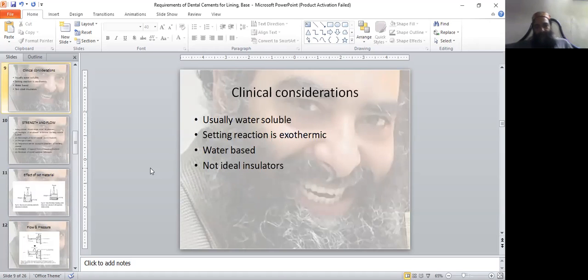Now, if we go for clinical consideration, varnishes are usually water soluble. Bases, we also can say. Setting reaction is exothermic. So water-based varnishes or bases are not ideal insulators.